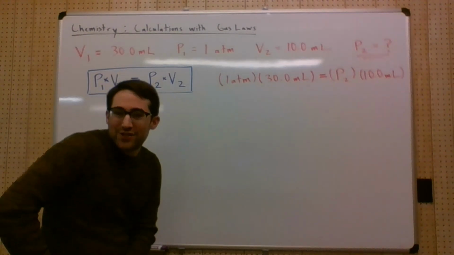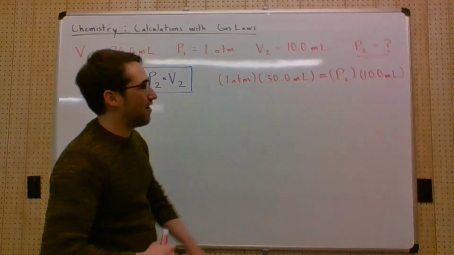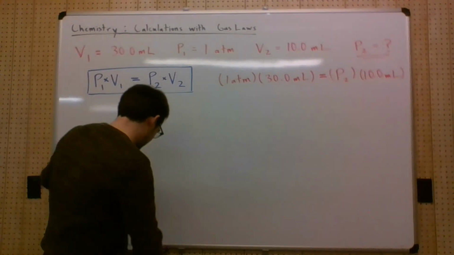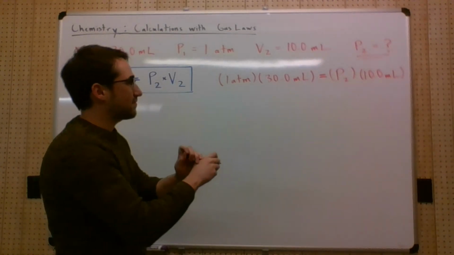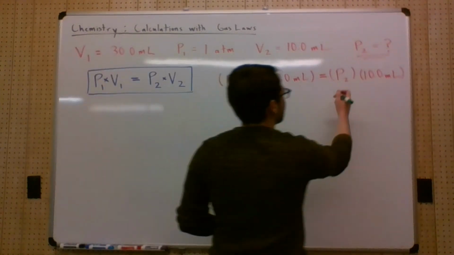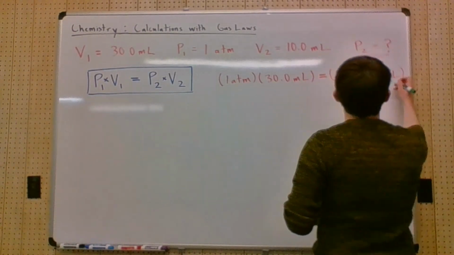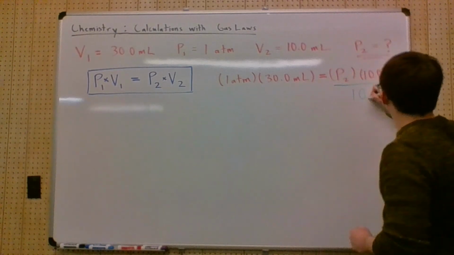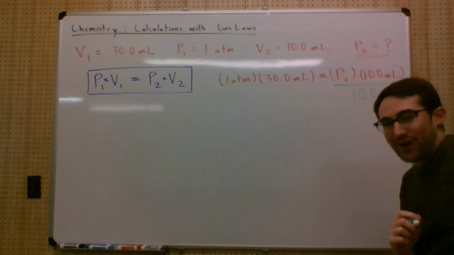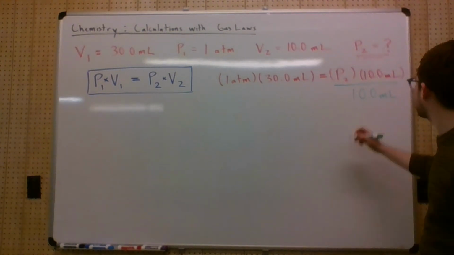Well, if I want to get P2 alone, I should probably divide off that 10 milliliters there. So I'm going to divide both sides by that 10 milliliters. Okay. On the right side, that's just going to go away.